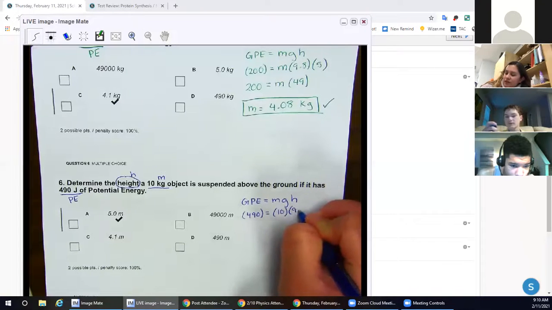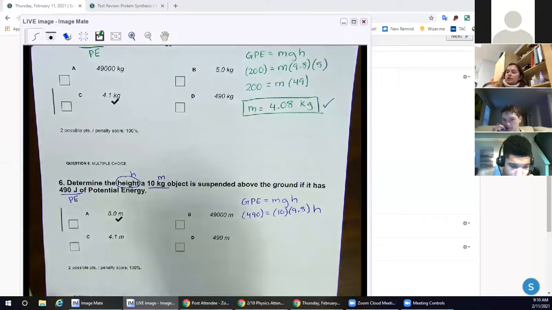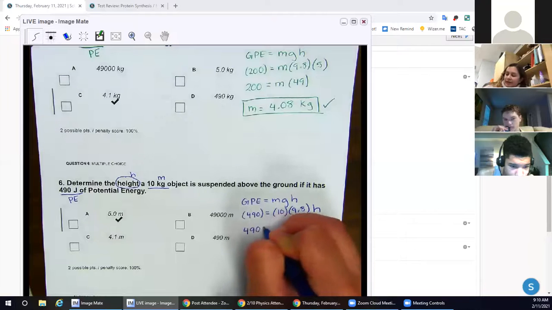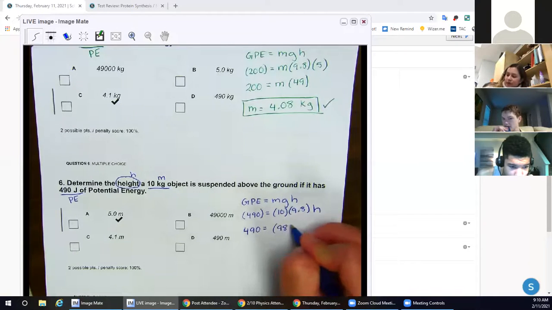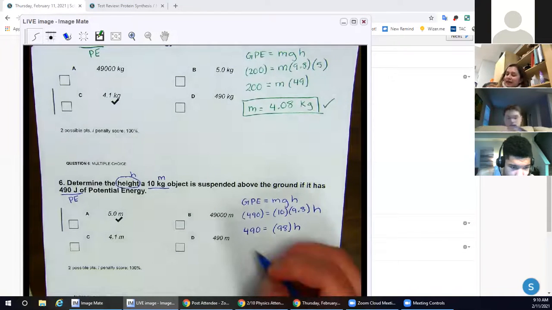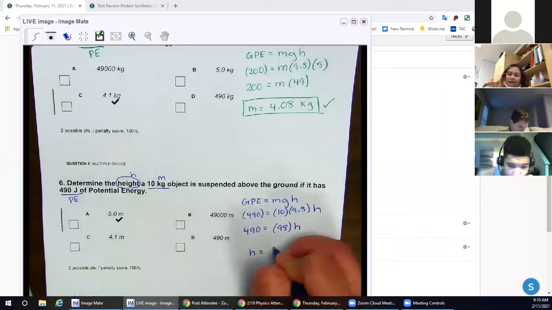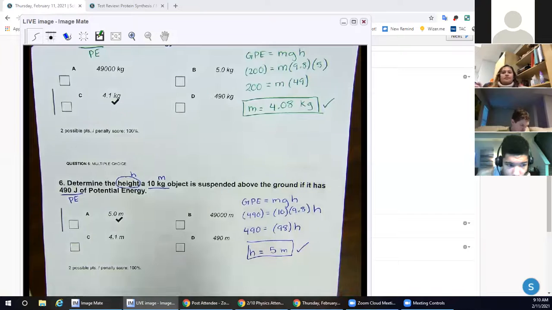Gravity is always 9.8. And we're looking for that height. So 490 equals 10 times 9.8, which is 98, times our height. Divide both sides by 98. Your height's going to be 5 meters. Any questions on 5 or 6? All right, let's keep going.